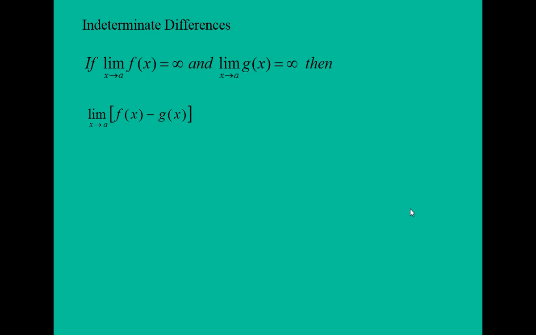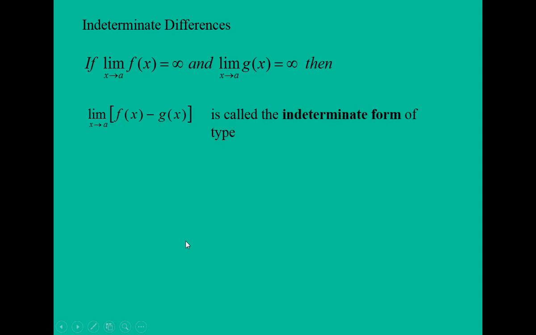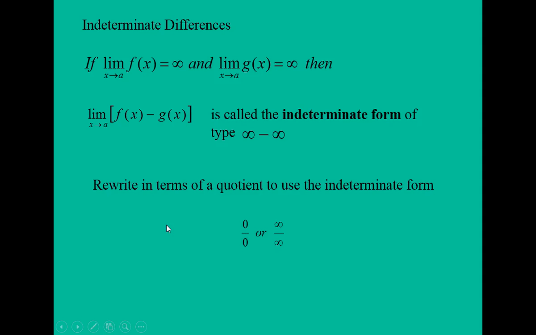All right, so what we're going to do is try to rewrite in terms of a quotient or factor something out. There are a couple of different techniques, but one of them is to rewrite in terms of a quotient. Then we may get our 0 over 0 or infinity over infinity.